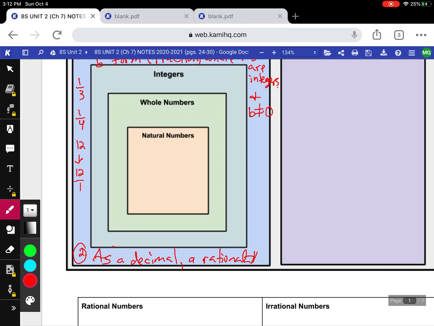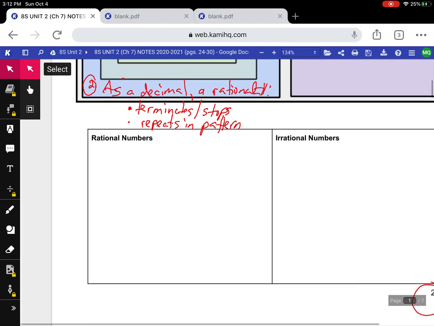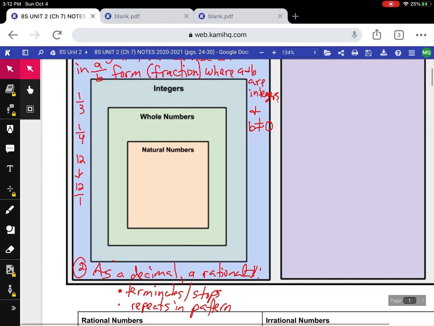A rational number either terminates in a terminating decimal, which means it stops, or it repeats in a pattern. So it either can be written as a fraction, or if it's a decimal, it either terminates or repeats in a pattern.